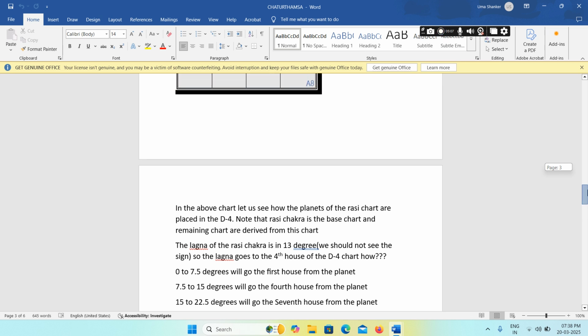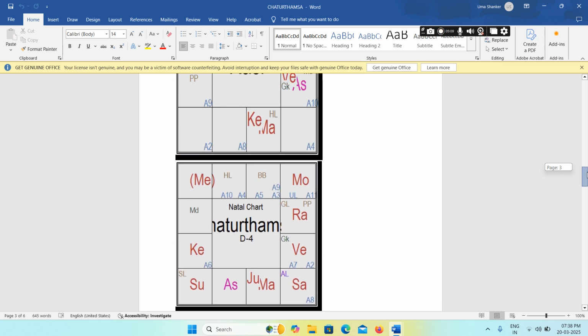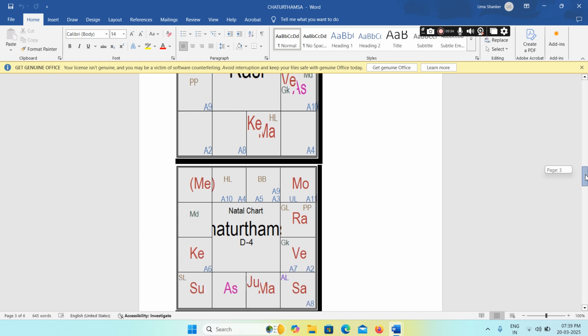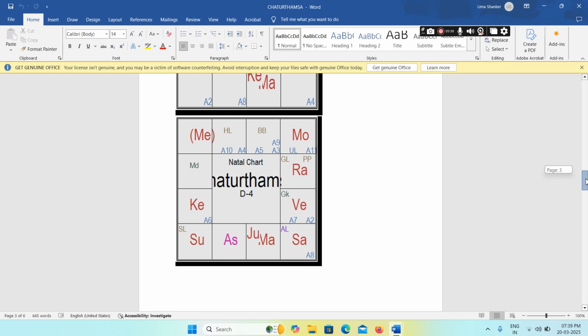How do you know which fourth house? You have to take the lagna and count four signs forward to arrive at the D4 lagna. Four signs from the Rashi comes to Vrishchika. So ultimately the lagna of the Rashi Chakra falls into the Vrishchika Rashi of the D4.